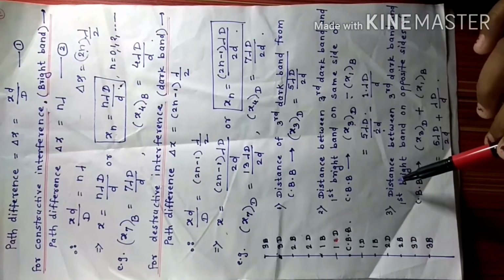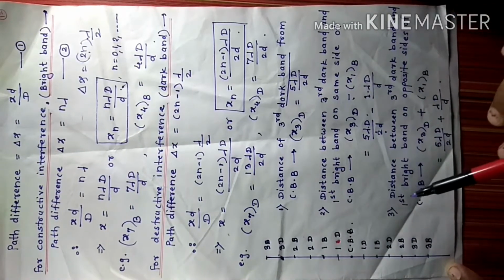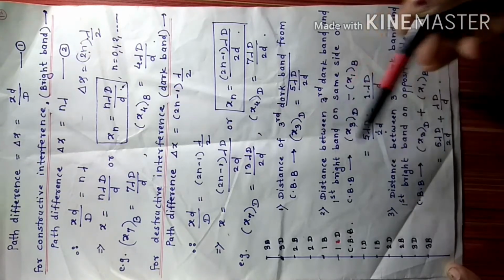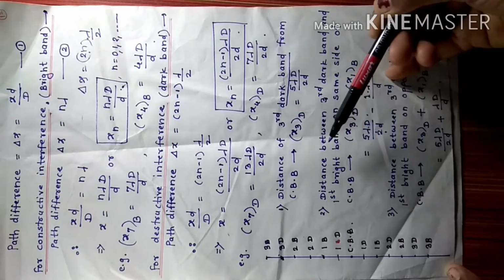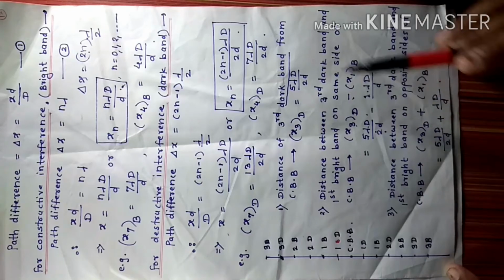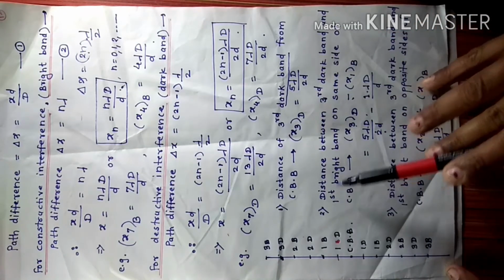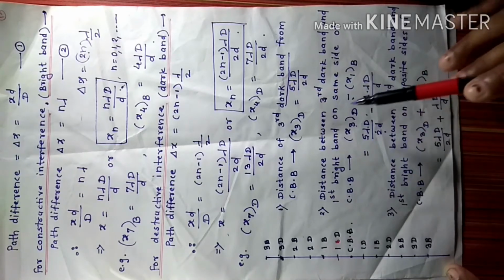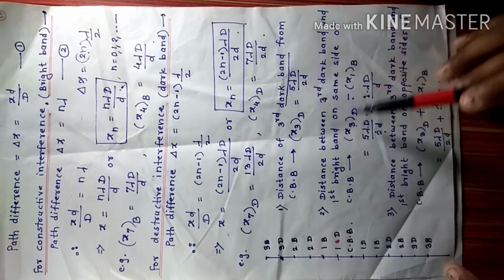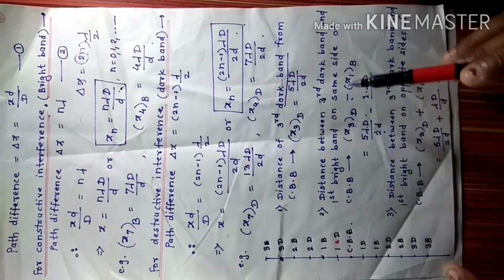The last example is the distance between the third dark band and the first bright band on opposite sides of the central bright band. Consider the last example and the second last example. The band numbers are the same and the nature of the bands is also the same: third dark band, first bright band. But in the earlier one the bands are on the same side of the CBB, so we subtract these distances.